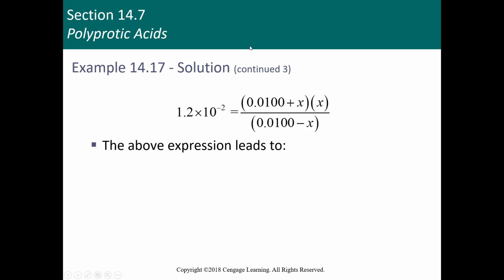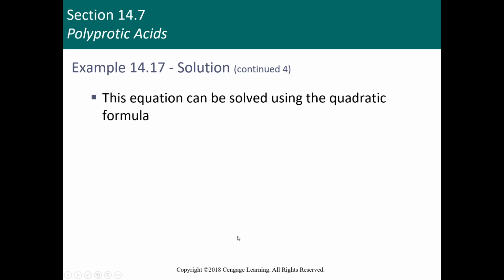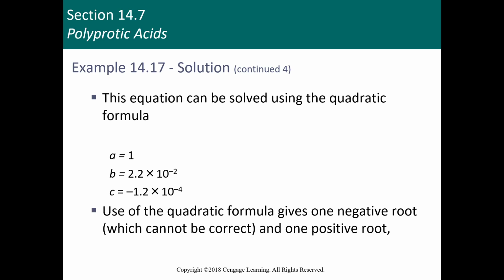So we go ahead and take our values here. We solve them out like so. We get them all on one side to set them equal to 0. We then plug in these values, this a right there, which is 1 because it's blank, b, and c into our quadratic equation, a, b, c. And so the quadratic formula will give us one negative root.